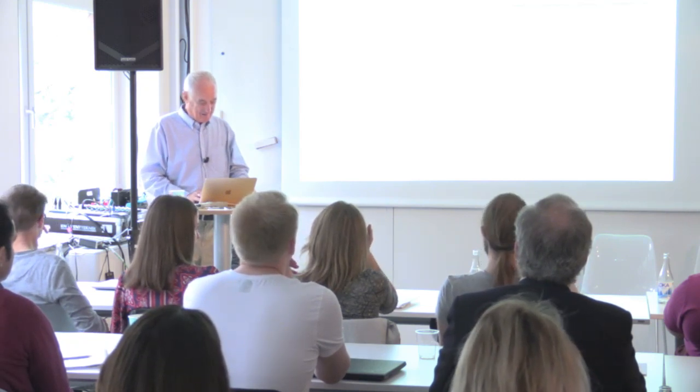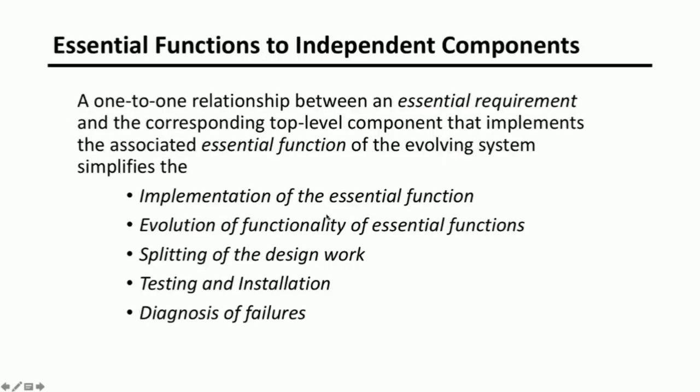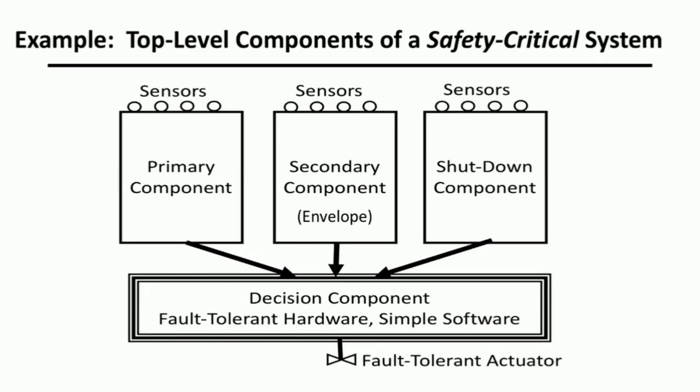So the next one is normal processing from safety assurance. Let me go to this slide. Let's take a top-level architecture of any safety-critical system, and as an example it could be a drive-by-wire system.